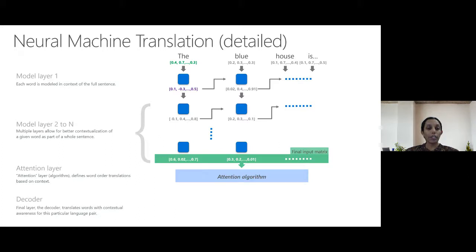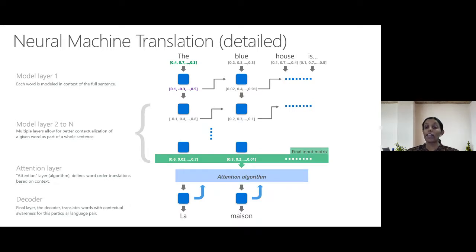And finally, you have the decoder layer. The decoder translates words with context awareness for each language pair. Here the language pair is English to French, where the translation layer is a neural network that has learned word translations based on the 1,000-dimensional sentence context. So it knows that "the" maps to "la", as well as the blue house.